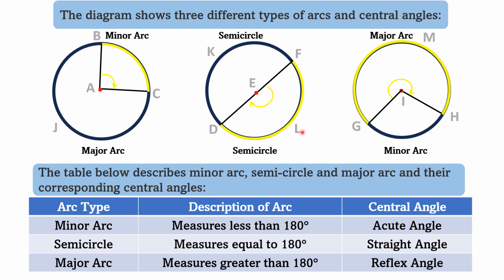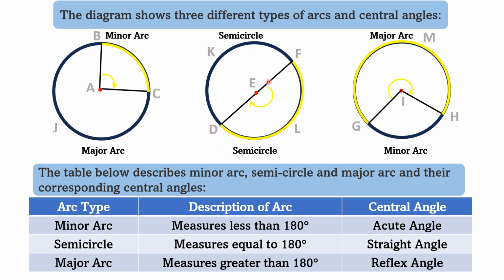On the middle figure, circle E, segment DF or segment FD is a diameter. Therefore, it divides the circle into two semicircles.